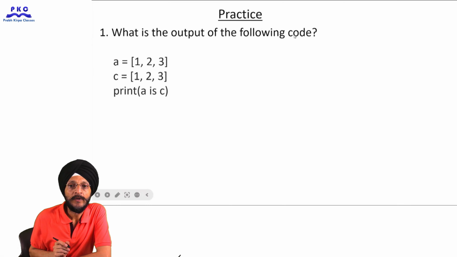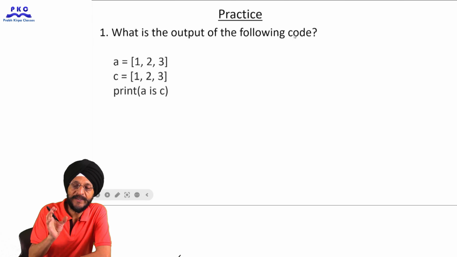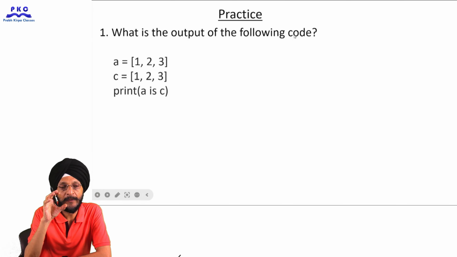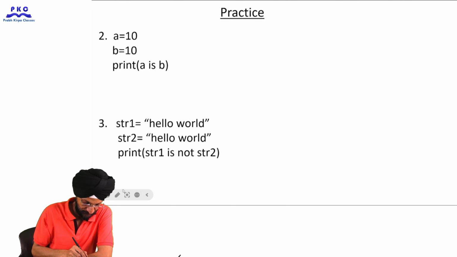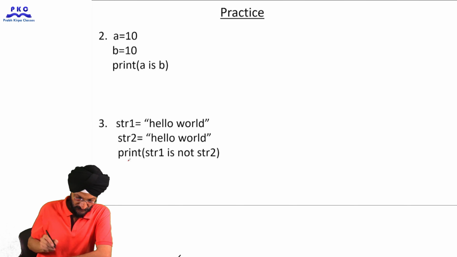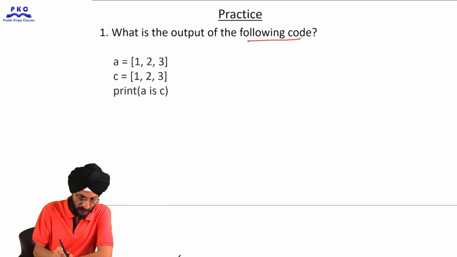Now we will do practice questions to find out how far we have been able to understand the concept of identity operators. Now, what is the output of the following code?